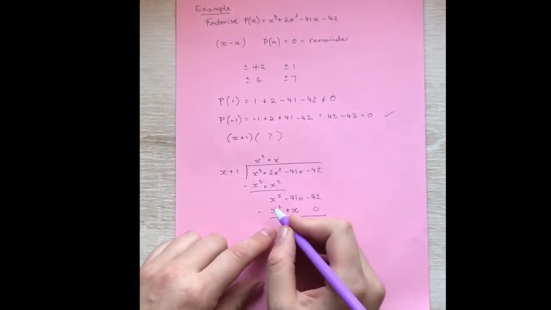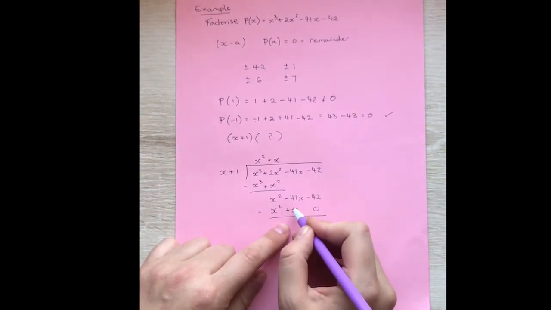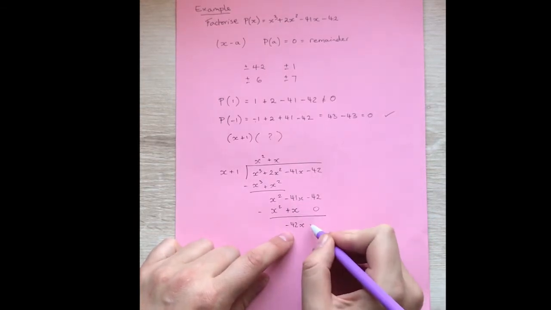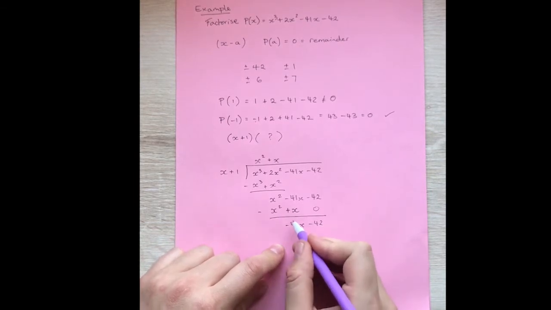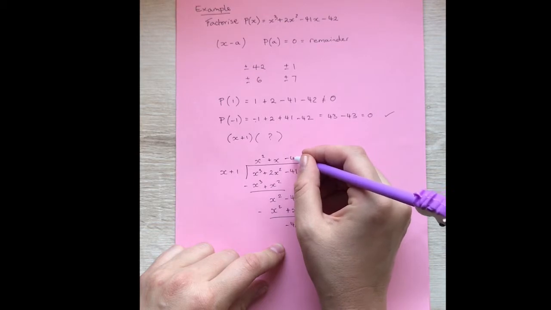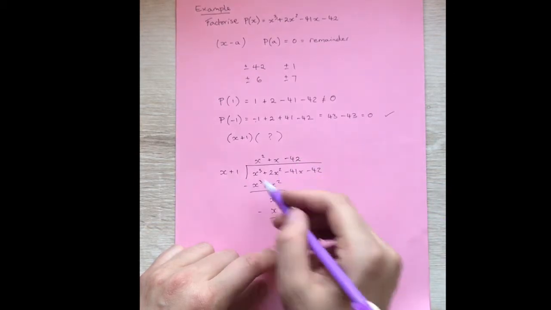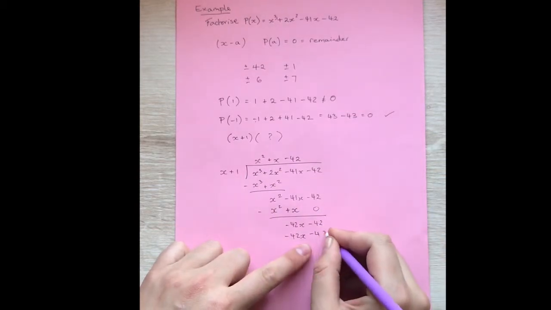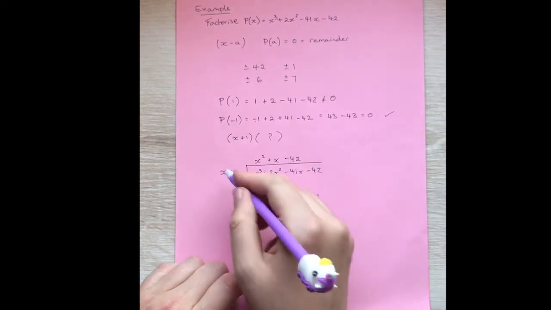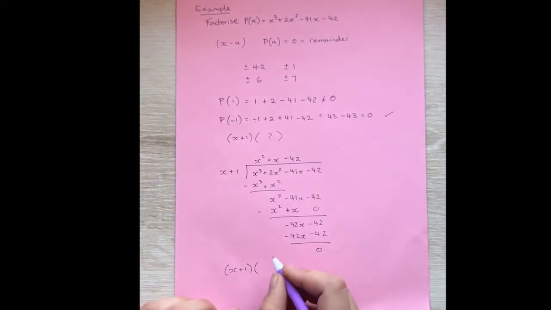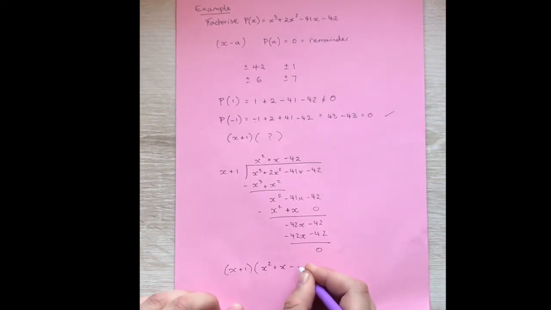So now another subtraction, that's going to be negative 42x minus 42 divided by x, and then multiplying back, multiplying the 1. Very nice, that confirms that it's a factor, which means we have x plus 1 as our factor, and this is our remaining polynomial.